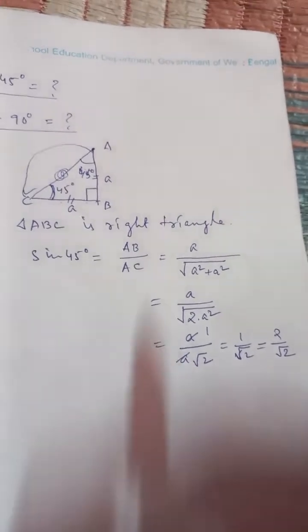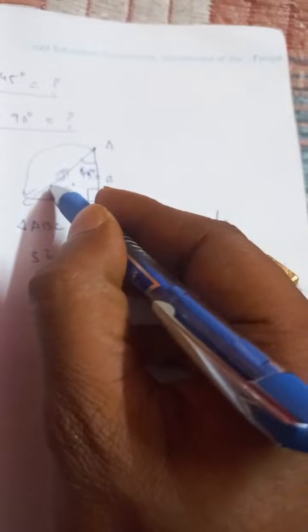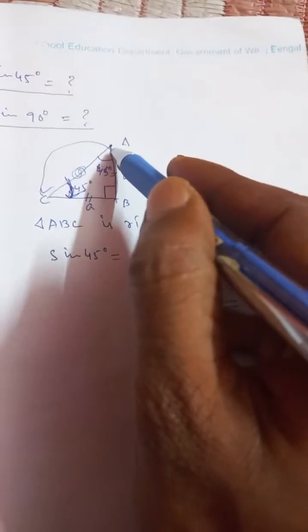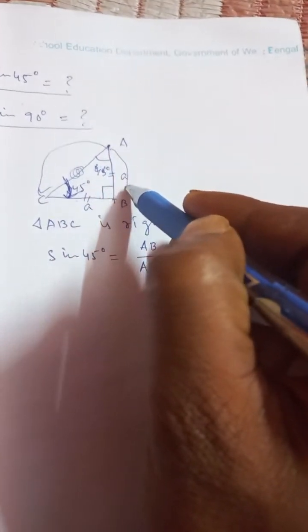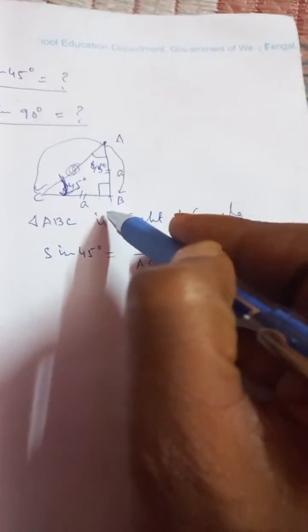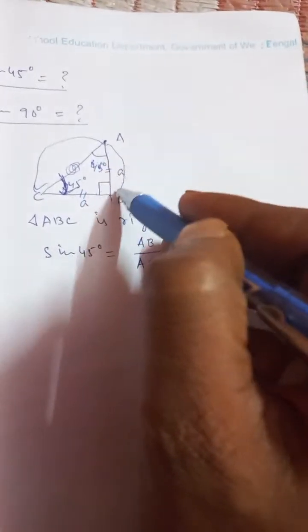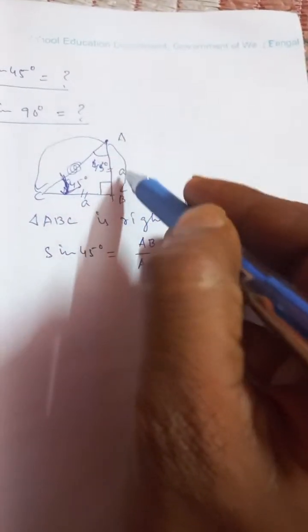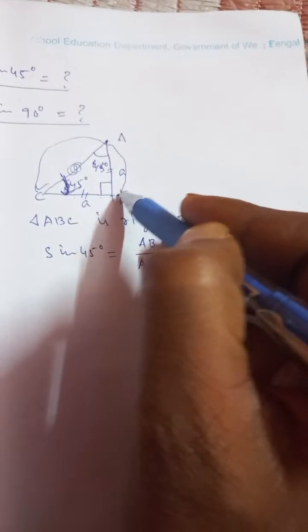Or if we think with respect to this angle and try to take it to 0 degree, then this height will decrease to this point B. When it becomes 0, the height also becomes 0.